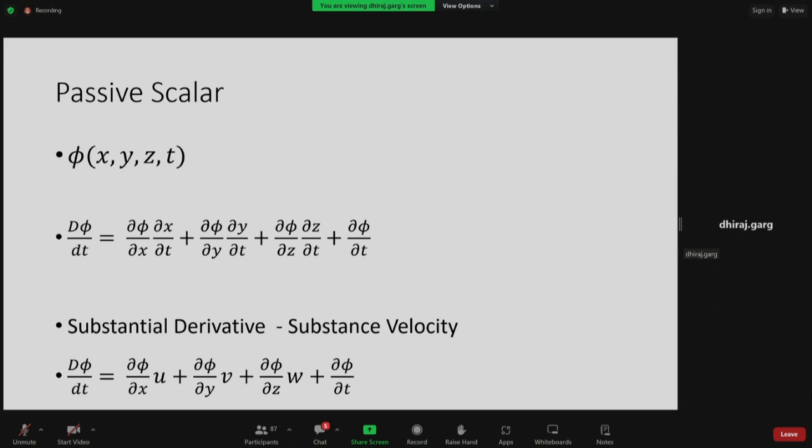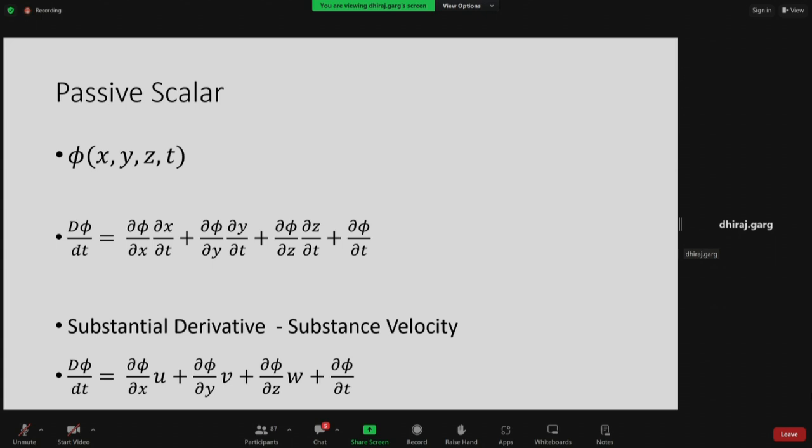But let's say the boat is still and moves along with the flow, as the river is flowing downstream or wherever. Then the velocity dx by dt is the same as the local velocity of the river at that point, which is u, dy by dt is the same as v, and dz by dt the same as w.